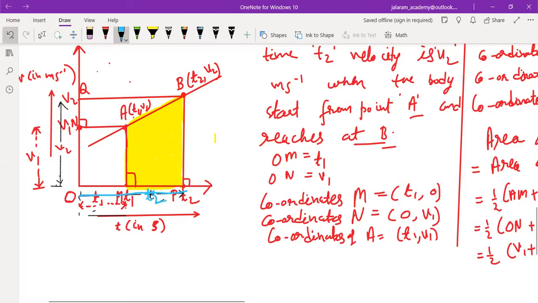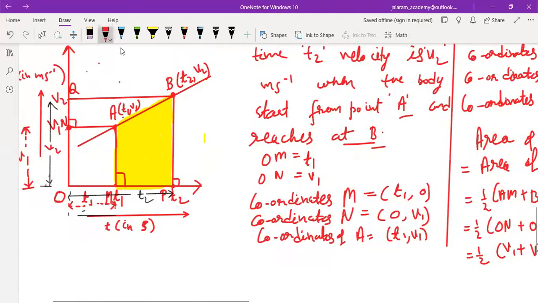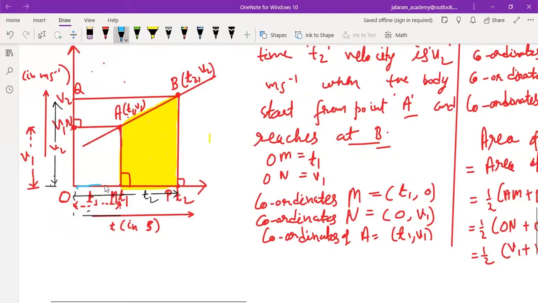This we already have written. Minus OM, this one, which is equal to T1. This we have shown already.